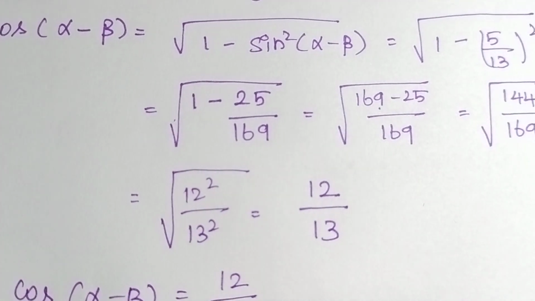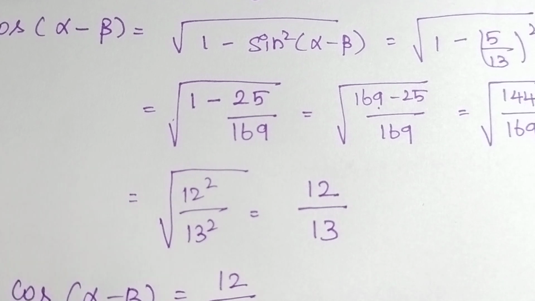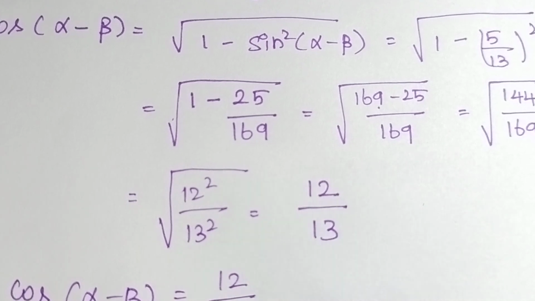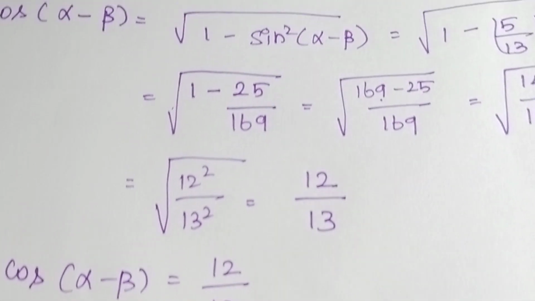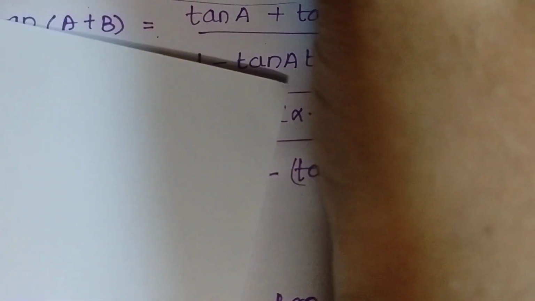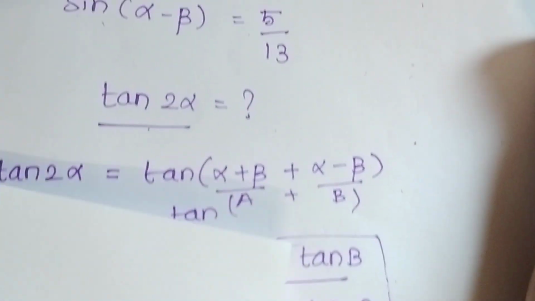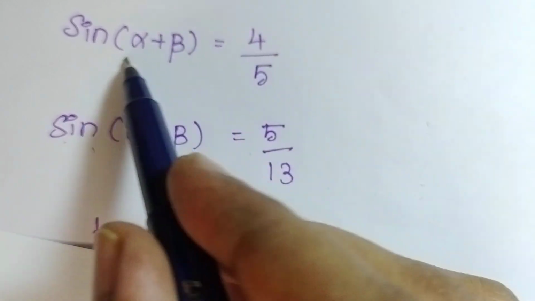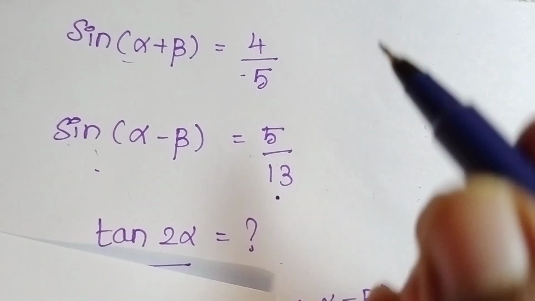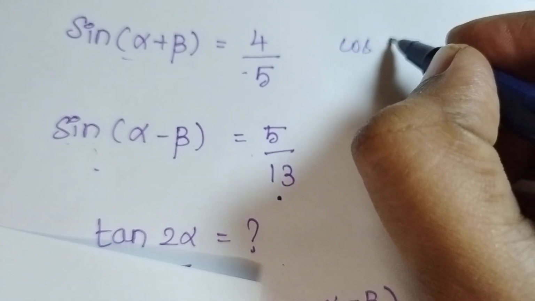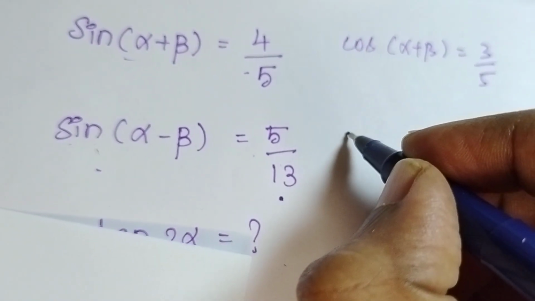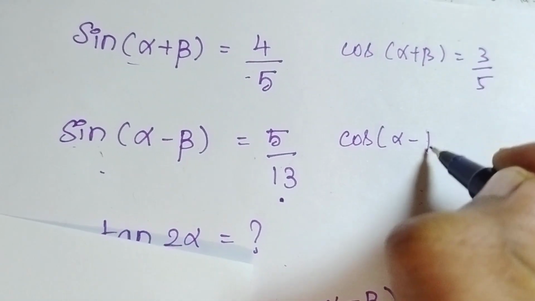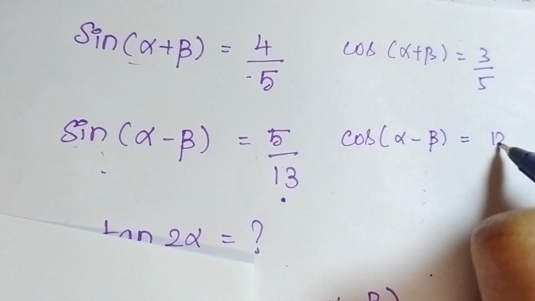Now we found the cos values, and in the question itself they have given the sin values. Now we are going to substitute these four values: sin(alpha plus beta), sin(alpha minus beta), and now we have found that cos(alpha plus beta) was 3 by 5 and cos(alpha minus beta) is 12 by 13.